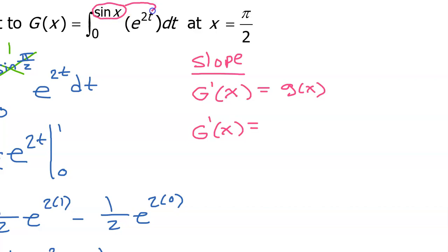So I'm plugging it in for t right here. So that gives me e to the 2 times sine x power. But we immediately must multiply by the derivative of the upper function. So the derivative of sine is cosine, so I need to multiply by cosine x.